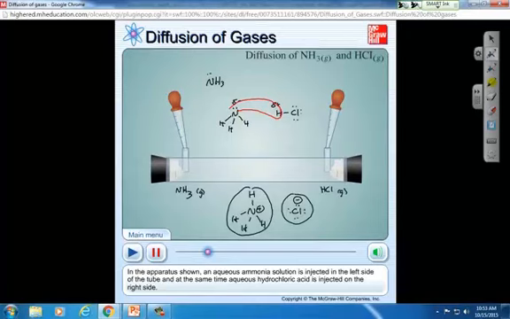So what can we predict is going to happen as these gases travel through this empty tube? When they start to meet up, as they're traveling through here, they're moving fast, they start to collide, and they're going to form into these ions. And since ions have large charges, they're not going to stay in the gas phase.